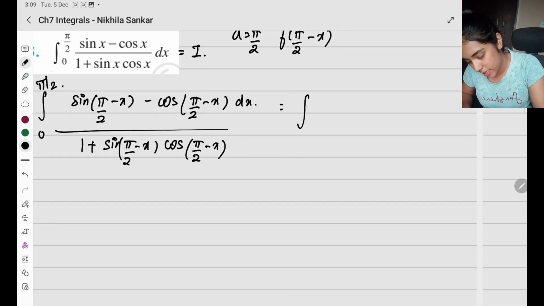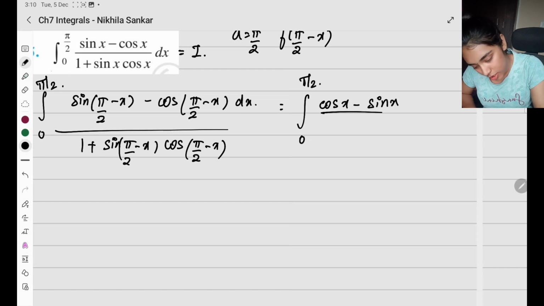So this becomes 0 to pi by 2, sin of pi by 2 minus x is cos x, minus cos of pi by 2 minus x is going to be sin x. In the denominator, 1 plus cos x sin x times dx.